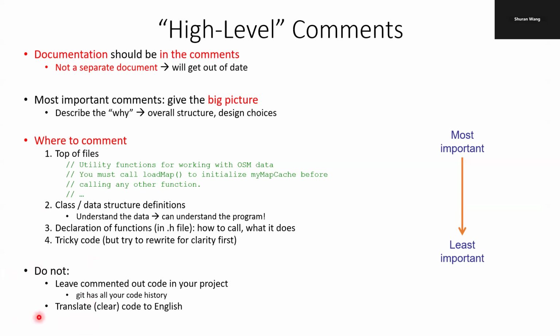And do not translate clear code to English, like what you would normally do in some primary coding lessons. You might be writing "declare integer" and then "integer a". That's just too clear to be translated into English. We want to keep it short, concise and understandable.